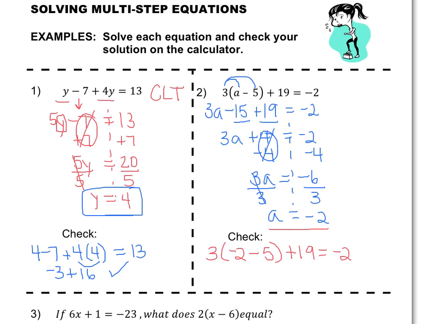Well, we want to do our parentheses first, so negative 2 minus 5 gives us 3 times negative 7 plus 19. Well, 3 times negative 7 is negative 21, and if we add 19 to that, then it does in fact give us negative 2. And so this checks off, and so we know that what we got our first time is correct.